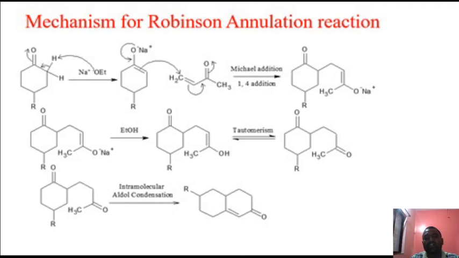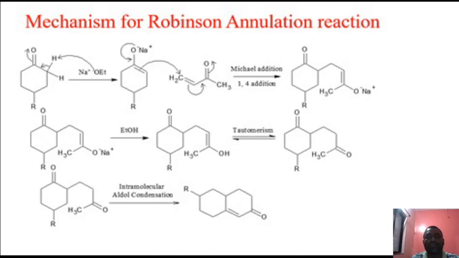This addition is called as Michael addition. It is also called as conjugate addition because carbon carbon double bond and carbon oxygen double bond, these are in conjugation, and it is also called as 1,4 addition. Why 1,4 addition? If you give the numbering in methylvinyl ketone, CH2 1, CH2 2, carbonyl carbon 3 and oxygen 4, the O minus part goes at beta carbon atom, that is position 1, and Na plus goes at oxygen, which is at position 4.